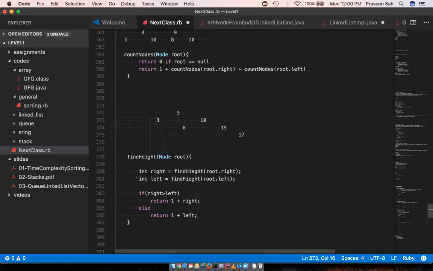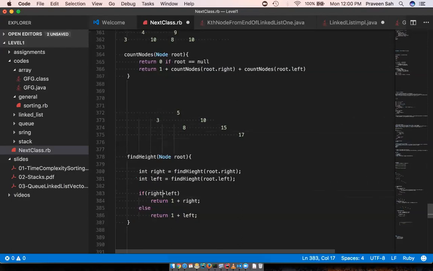Here, when we are calculating the height of this tree, we start from 5, and the height of 5 will depend on either the height of 10 or 3. It depends on 10 only, not 3, because the height of 3 is just 1, while the height of 10 is 1, 2, and 3. So the height of 5 will be 3 plus 1 and not 1 plus 1. That's what he has done here.